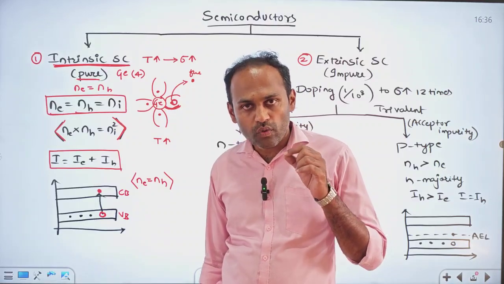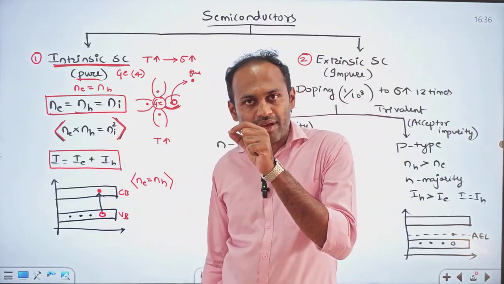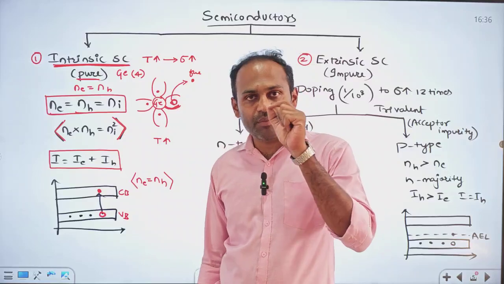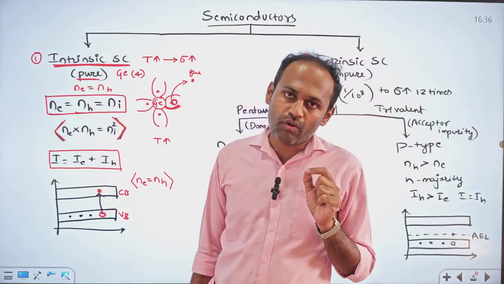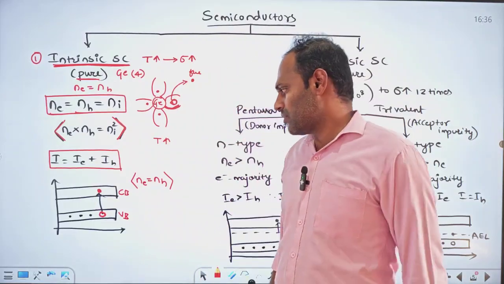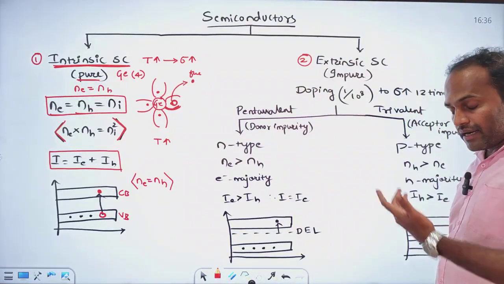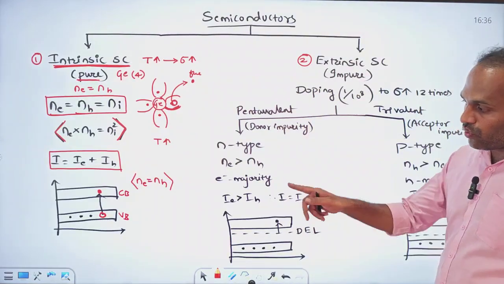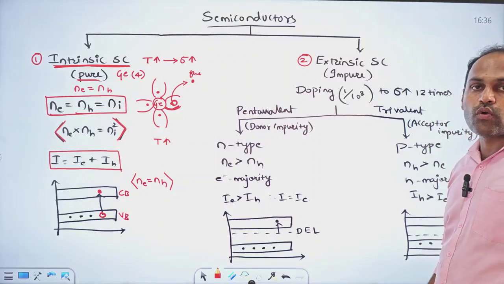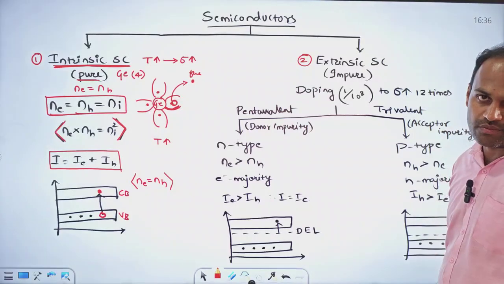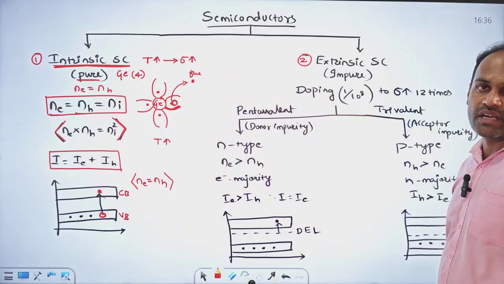If there is an electron in the conduction band, there will be a hole in the valence band, right? So you cannot create an electron in the conduction band without a hole in the valence band, or a hole in the valence band without an electron in the conduction band. That is in case of intrinsic semiconductor.